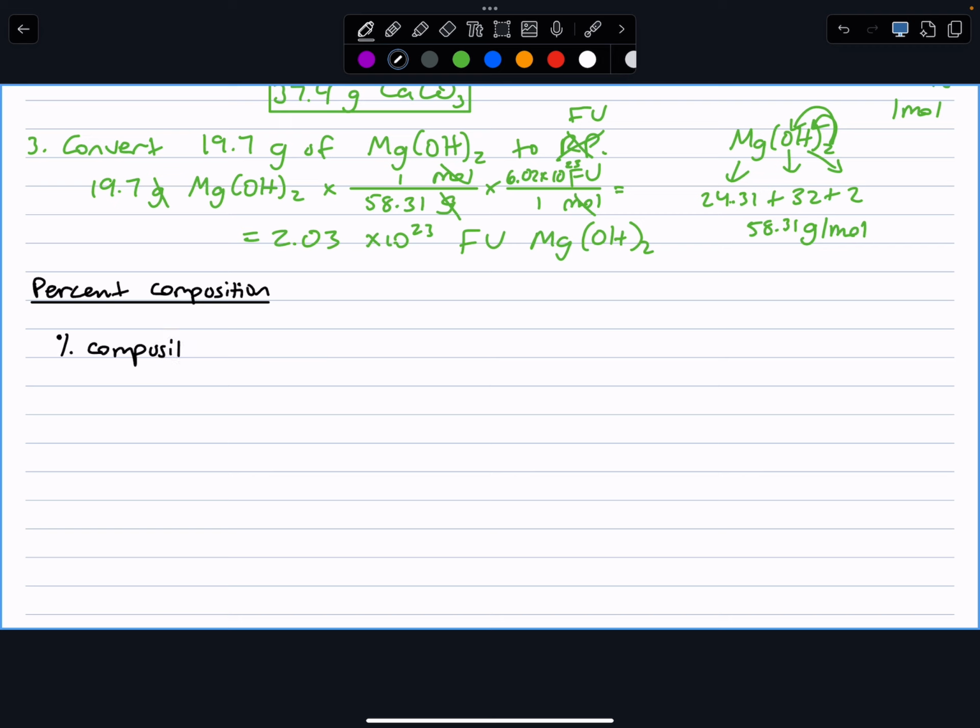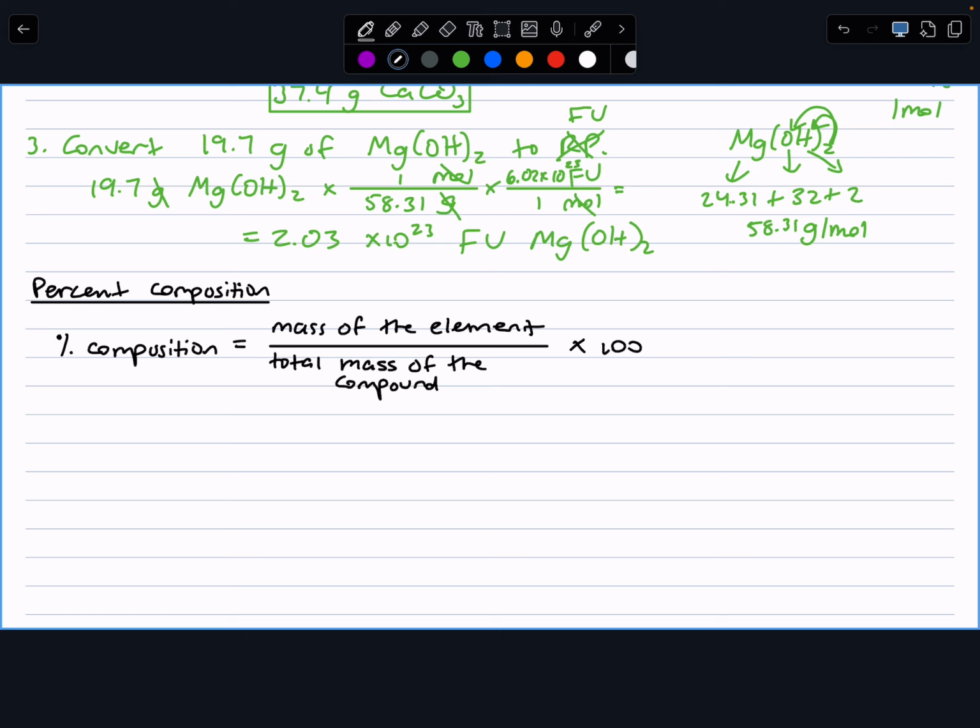Percent composition is equal to the mass of the element divided by the total mass of the compound. And I take this fraction and I multiply it by 100.